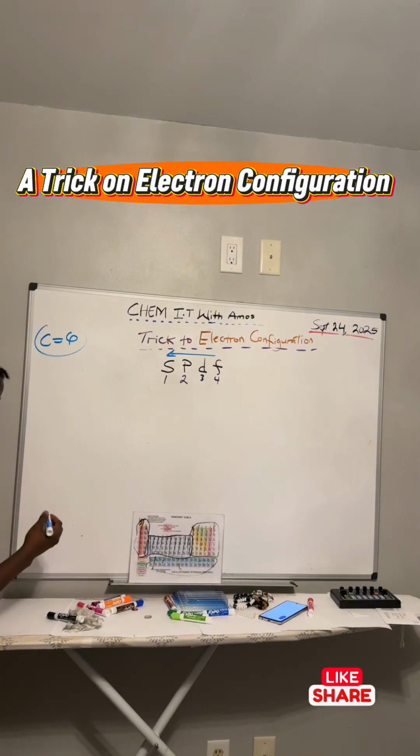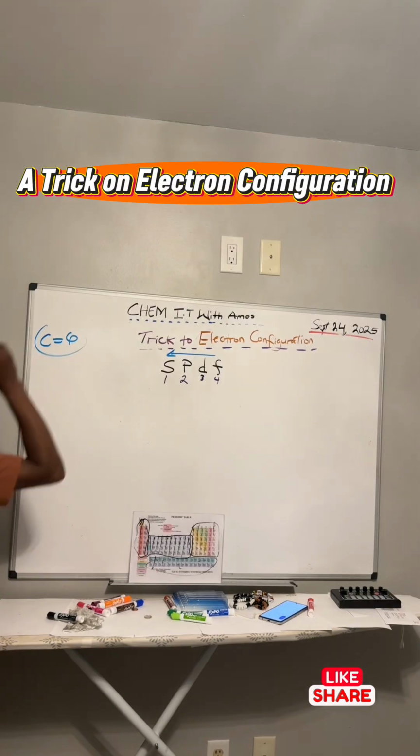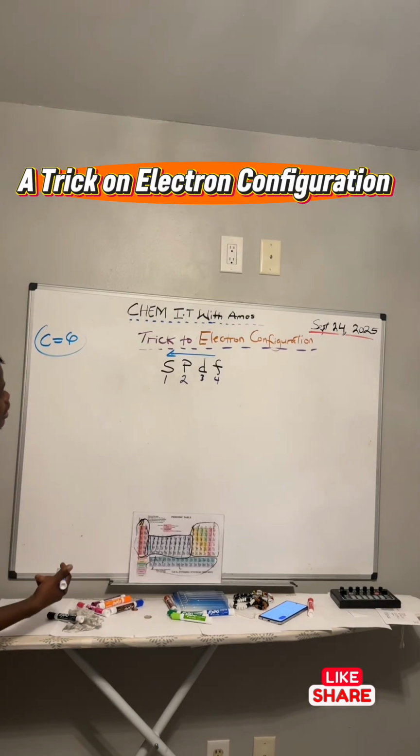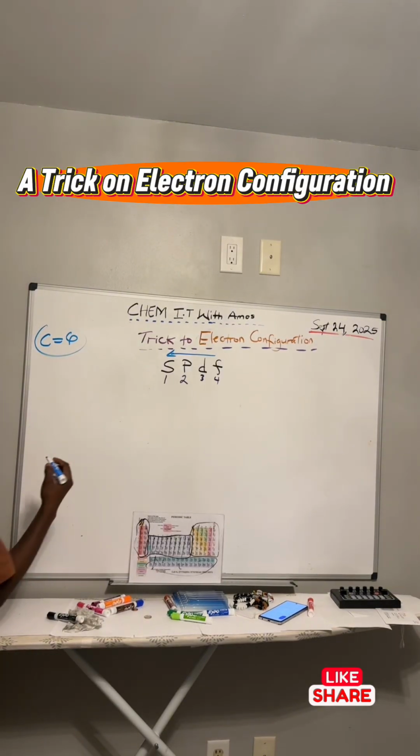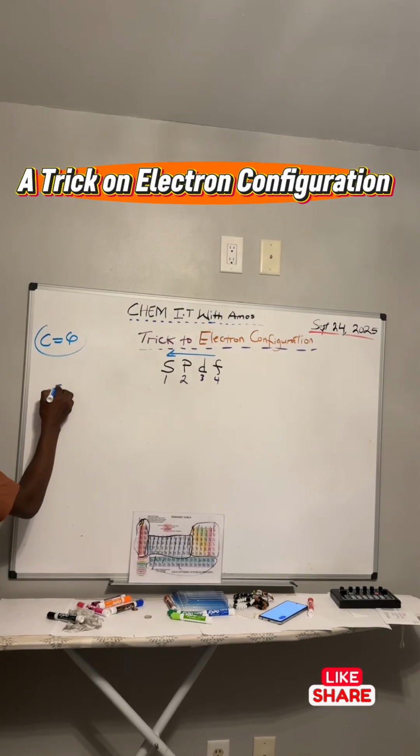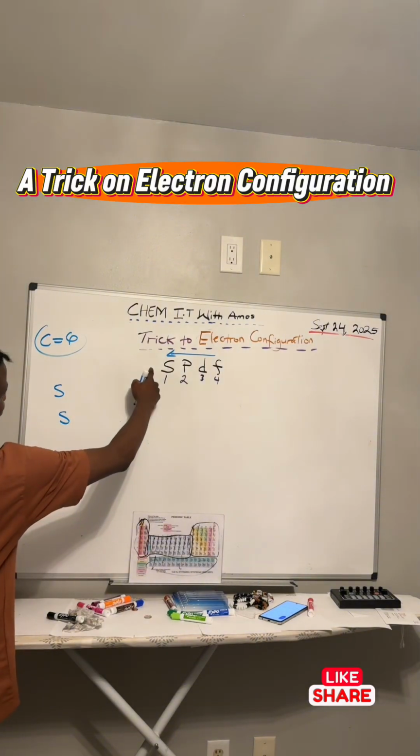So here now we say SS. Each letter should be on each letter, like S on S, P on P, D on D, likewise F on F. So we write S, S. The next thing is PS.